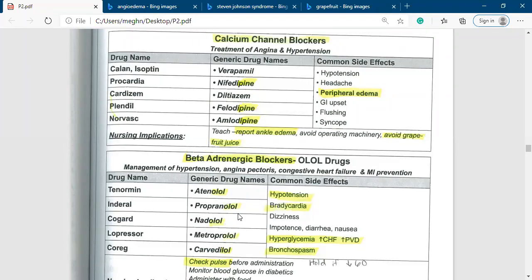If patients are diabetic, we never ever give them a beta blocker. Super important for the NCLEX board. And if your patient has to take the beta blocker, we do not use over-the-counter medication.